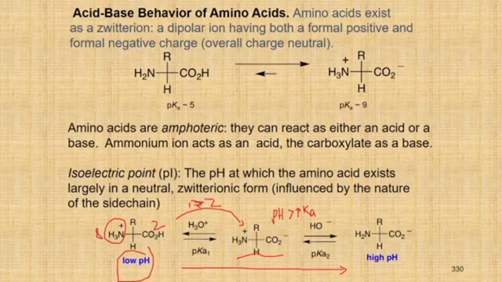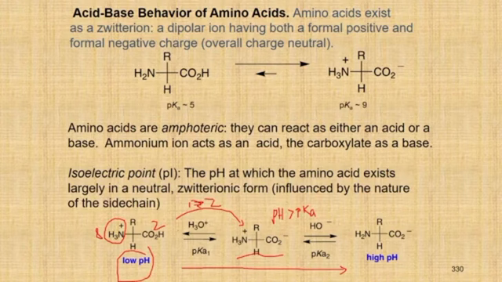What is the definition of pKa of a group? The pKa of a group is the pH at which that group has dissociated by half, by 50%.